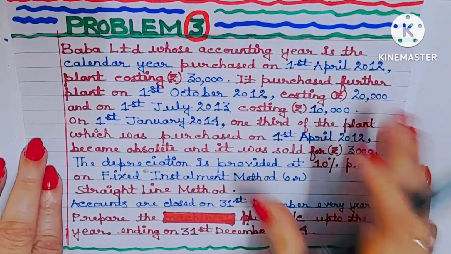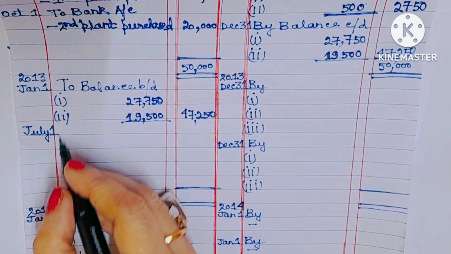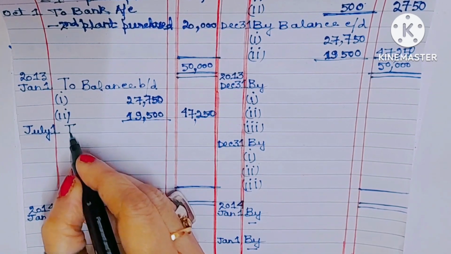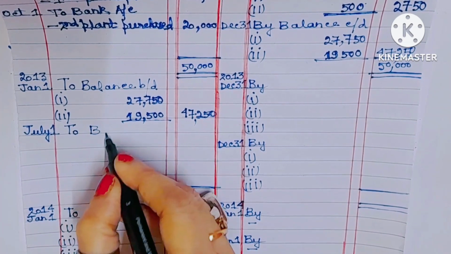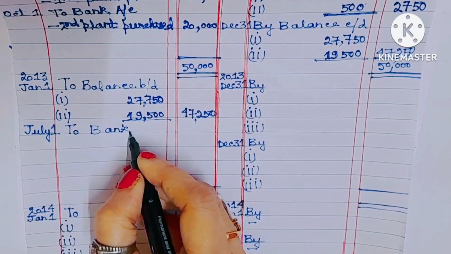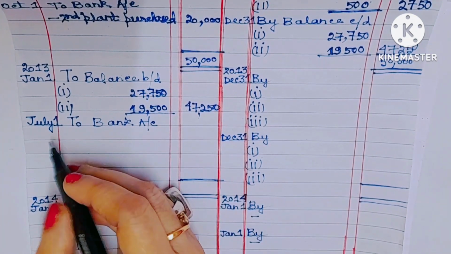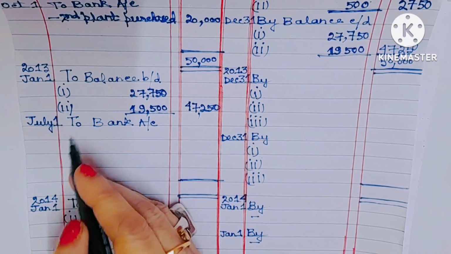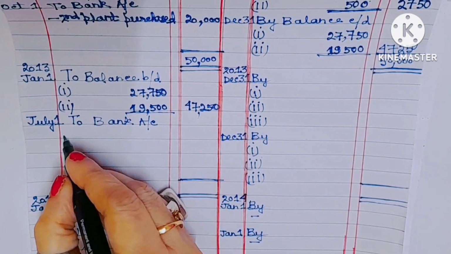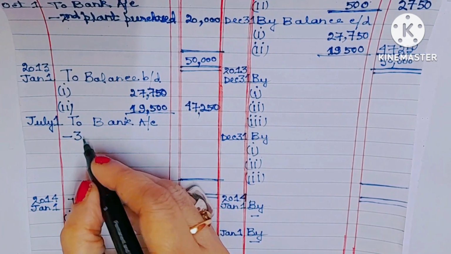So let's write. So we'll write on 1st July 2013 to bank account third plant purchased.